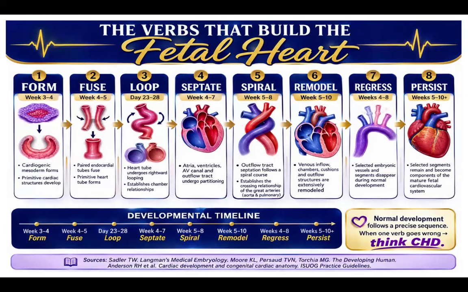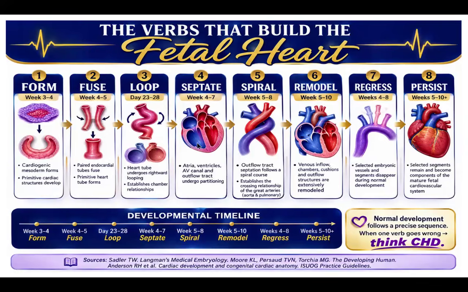So we're going to go through each one of these steps, starting with formation, followed by fusion. What do we see? Because the heart starts off as a single tube, and then there's some fusion that will take place. And then from there, we have a looping of that tube, which should be looping towards the right.